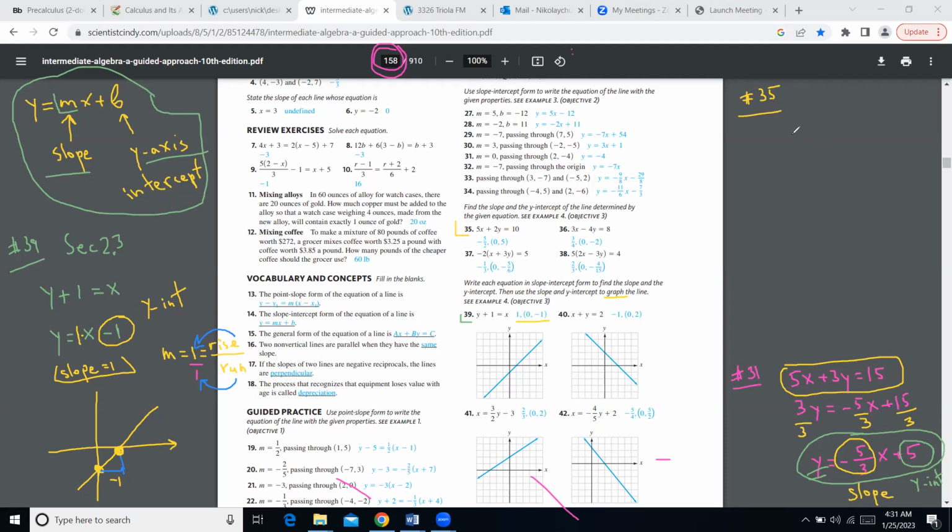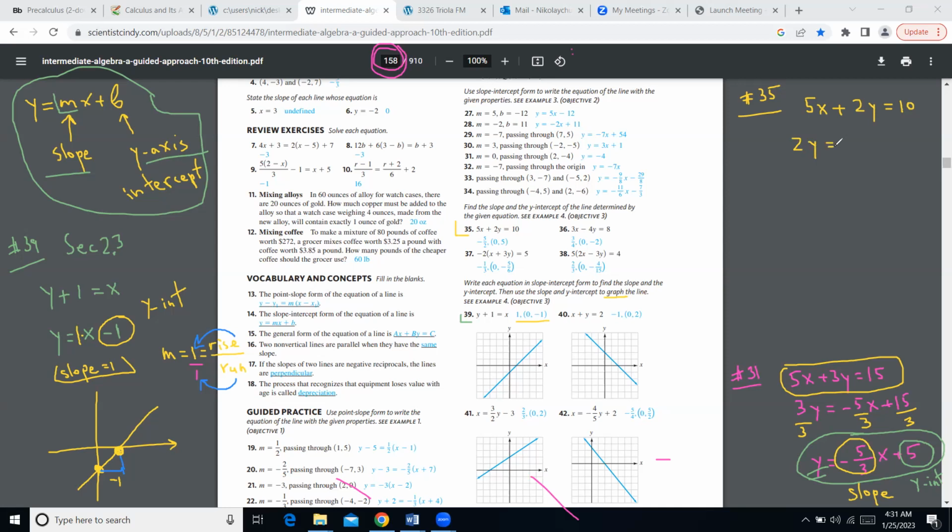Okay, so let me isolate letter y, right? So if I have 5x, be careful, put 5 here. 5x and added with 2y's is equal to 10. So try to find the number multiplied by x, which is going to be your slope.